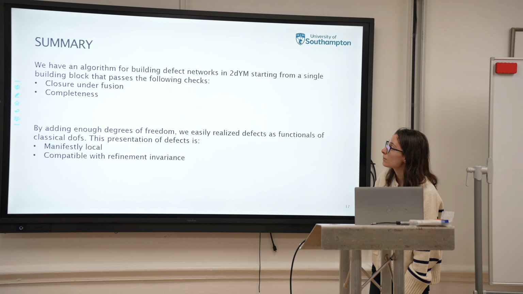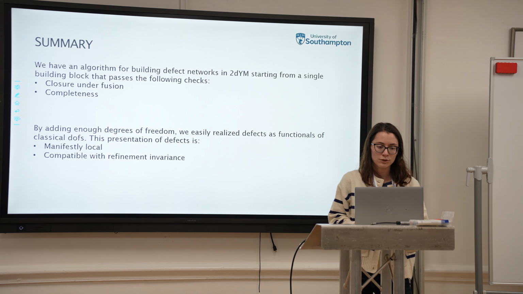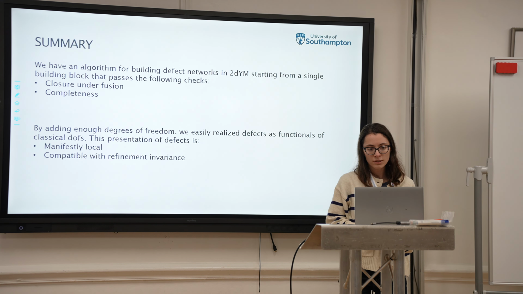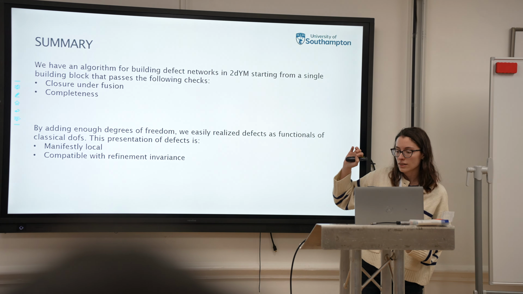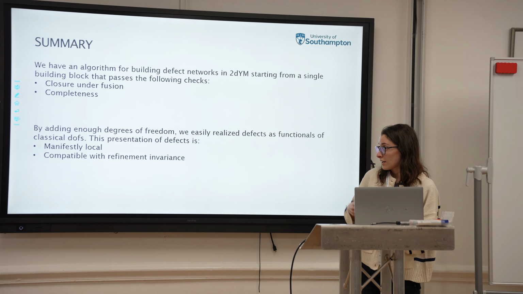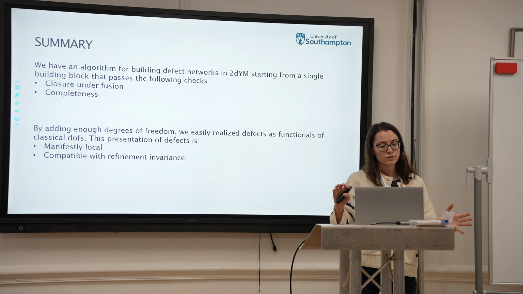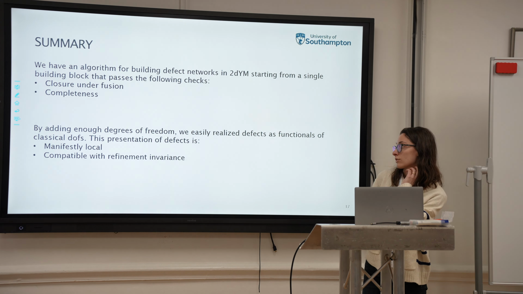So let me give you a brief summary of what we've done. We have an algorithm for building defect networks into the unions, and this algorithm really relies on just one building block. And this algorithm is complete in the sense that I was able to recover all the known defects, and it's closed under fusion.